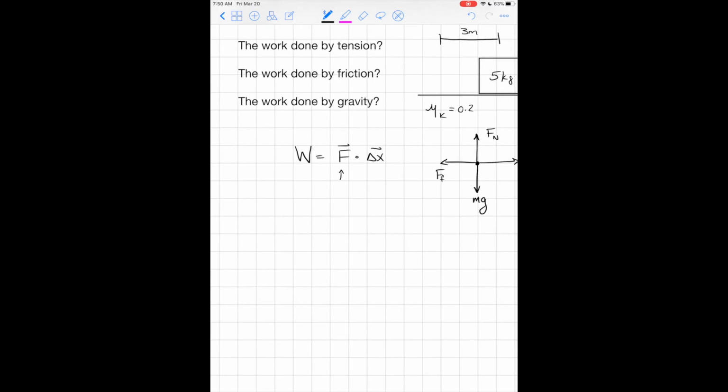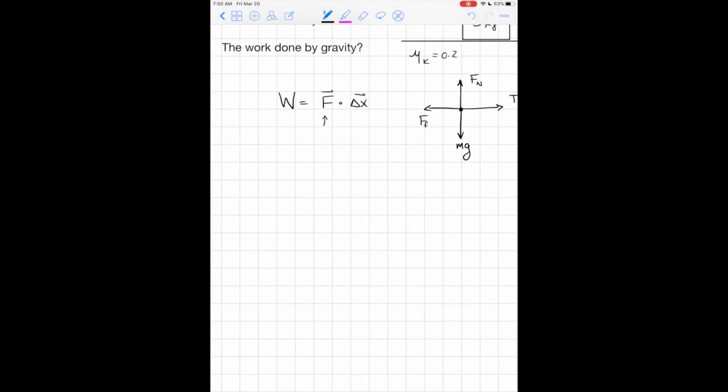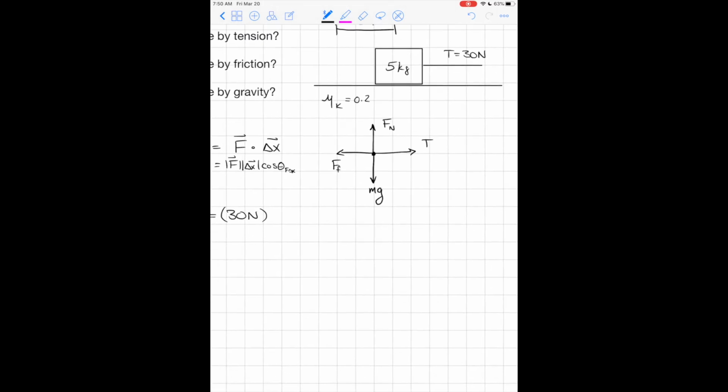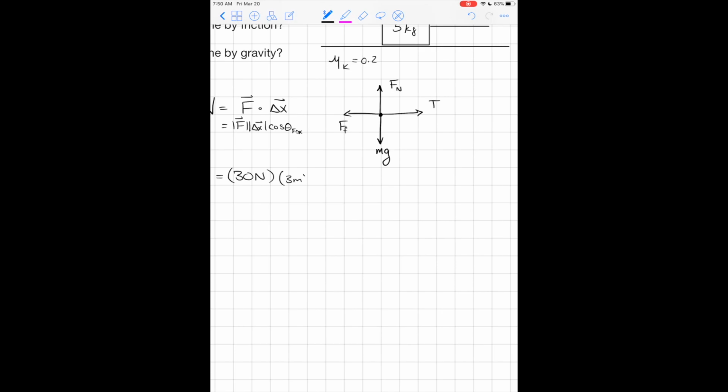So if I want to know what the work done by tension is, I can start to apply this formula. I can say the work done by tension is equal to the force of tension, right, 30 newtons. Let's actually go ahead and rewrite this equation as the magnitude of F, times the magnitude of the displacement, times cosine of the angle between F and delta x. So I have 30 newtons for my tension. I have a displacement of 3 meters.